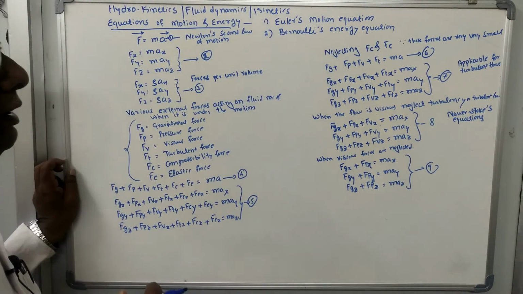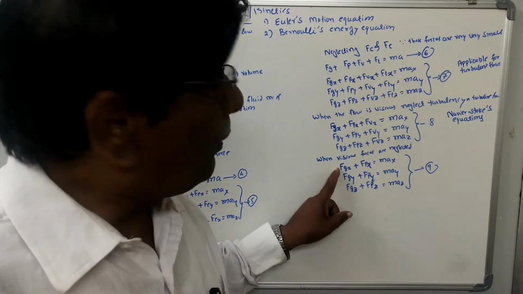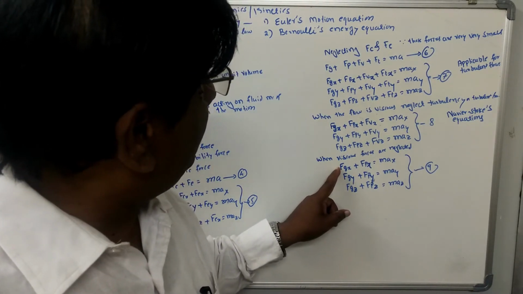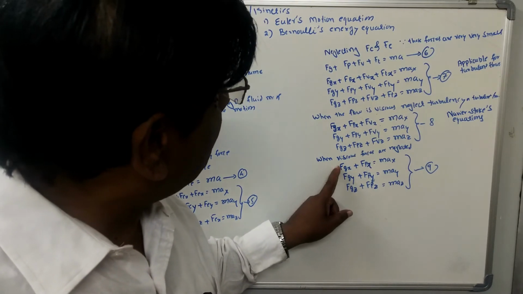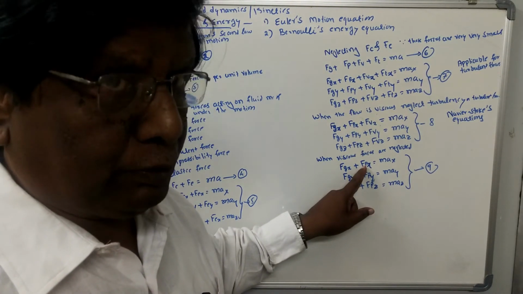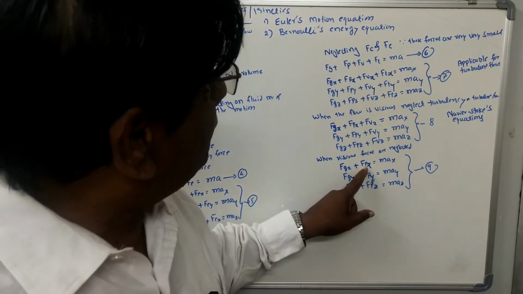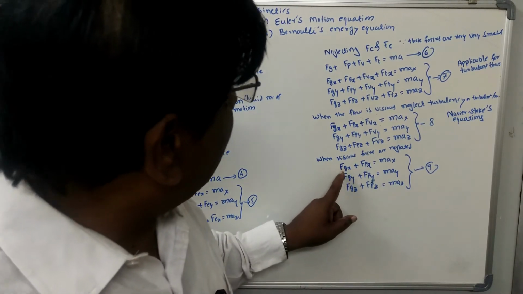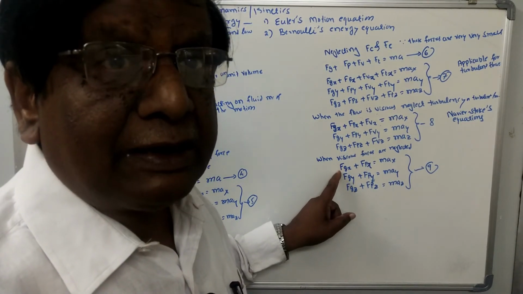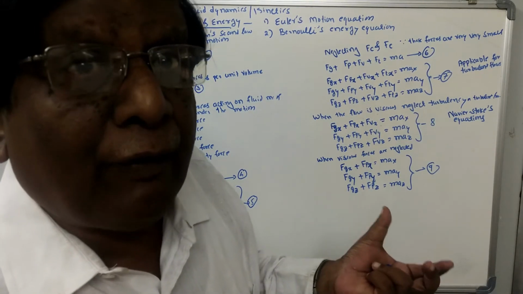Here, while analyzing the fluid flow problem, we have considered only two external forces, that is the gravitational force and the pressure force. So pressure force is nothing but the surface force which acts on the surfaces of the planes. The gravitational force is nothing but the volumetric force, the self weight.